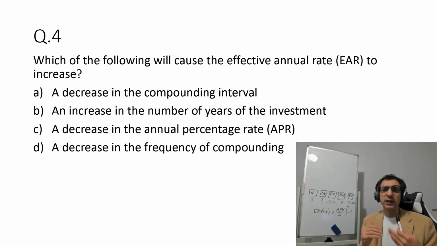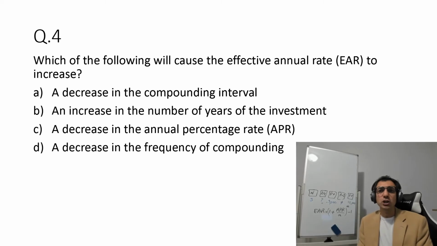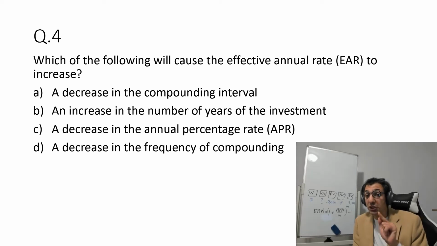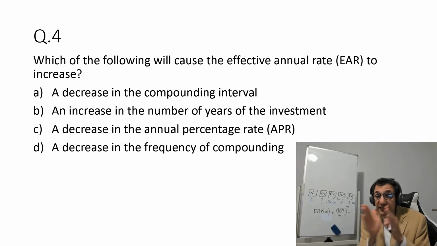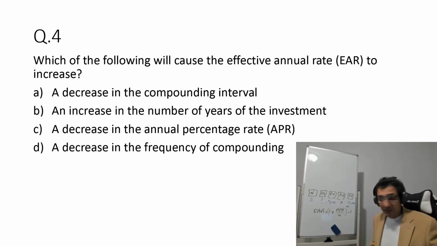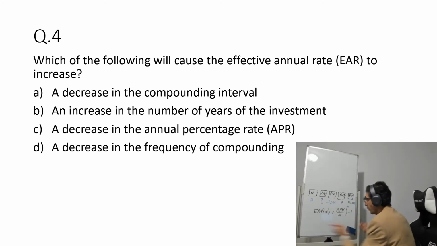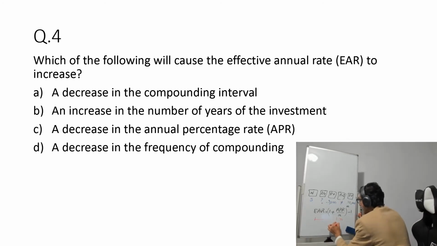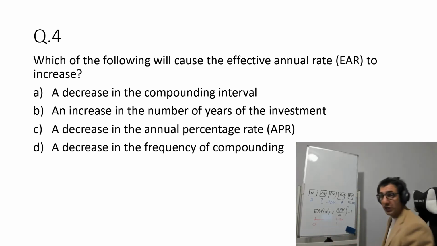Now we are looking for the option which is going to increase our EAR. So let's look at the options we have. A, a decrease in the compounding interval. Just be careful. Decreasing the compounding interval means the frequency of payment is going up. So for example, let's say you have one period here, that's 1 year, year 0 to year 1.